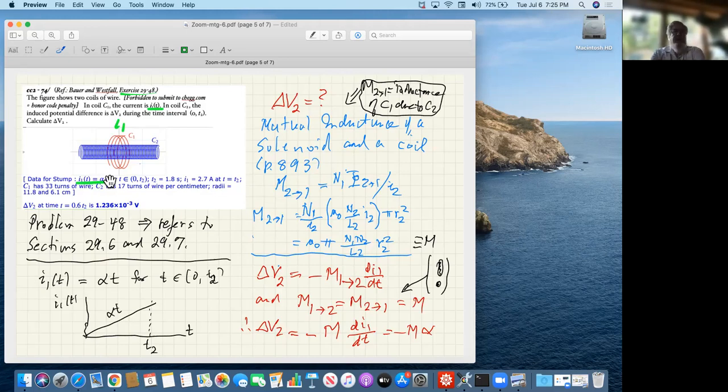And I1 creates a magnetic field, which by the right-hand rule points in this direction. So there's a magnetic field in this direction due to this coil of wire, due to current I1. And in fact, the flux of that magnetic field will be proportional to I1. I1 is just alpha times t. So we'll eventually take the derivative of I1. That's just the slope of I1 as a function of t. That's just alpha.